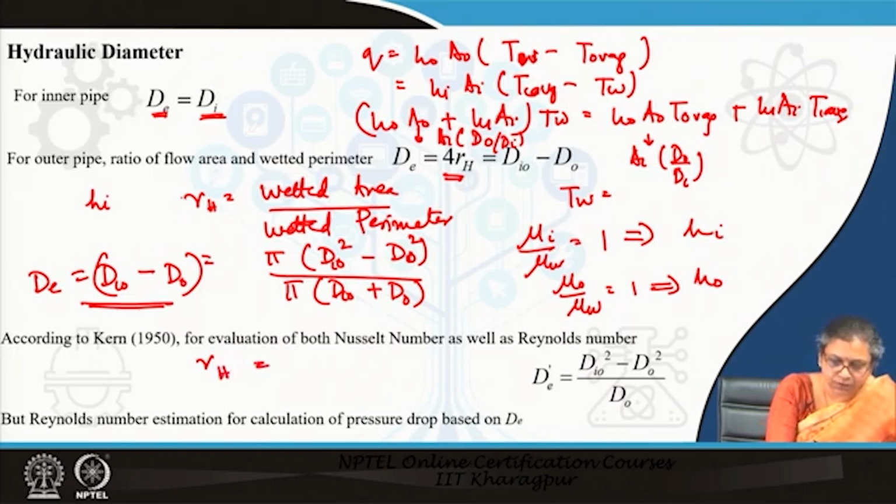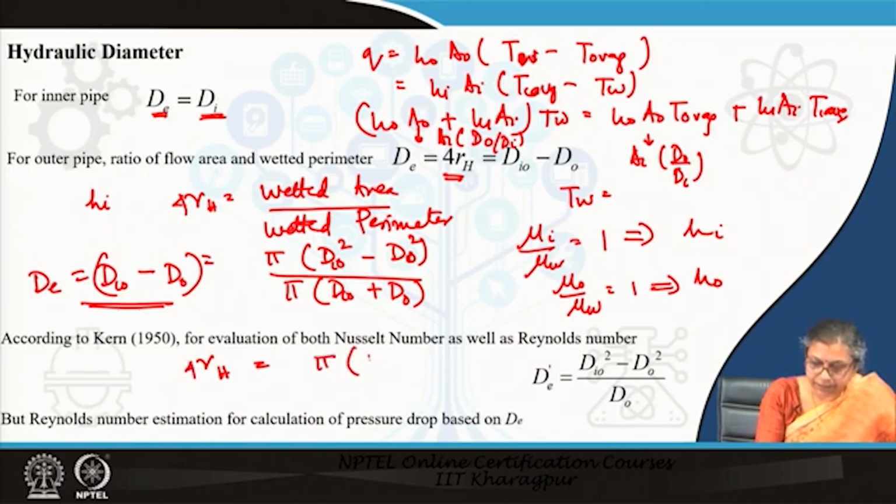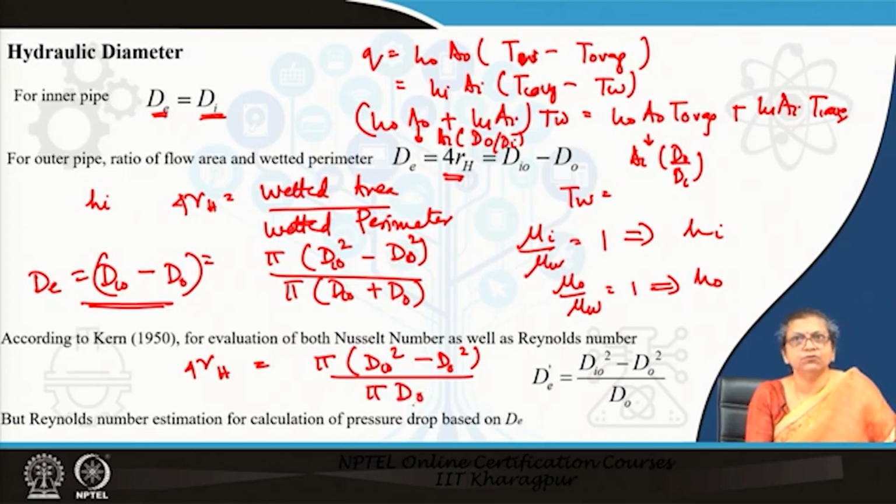In fact, this is 4 RH that should be defined as pi (Di o square minus do square), this is the cross sectional area, divided by pi do, since the heat transfer is occurring through the wall of the inner pipe.